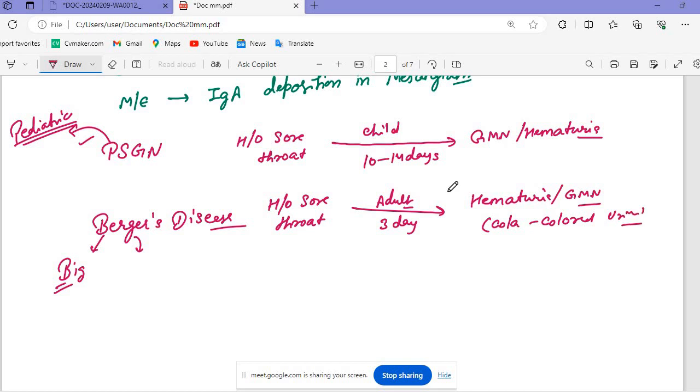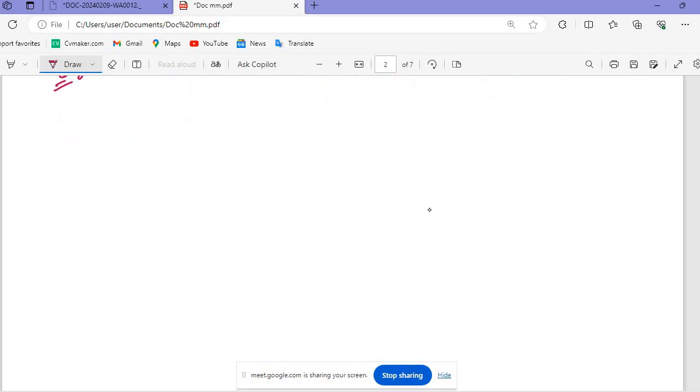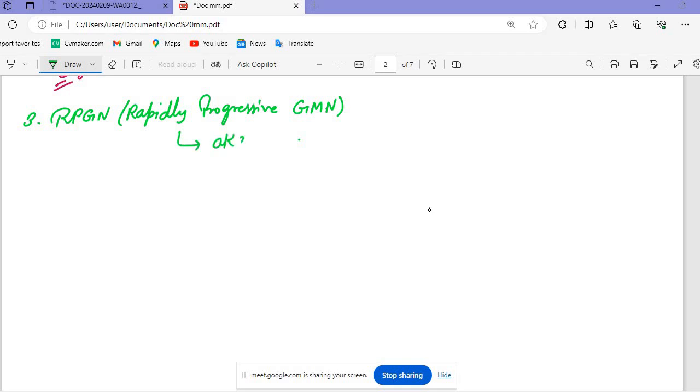Okay, the next nephritic syndrome is RPGN, the third one: rapidly progressive glomerulonephritis. This is also known as crescentic glomerulonephritis.